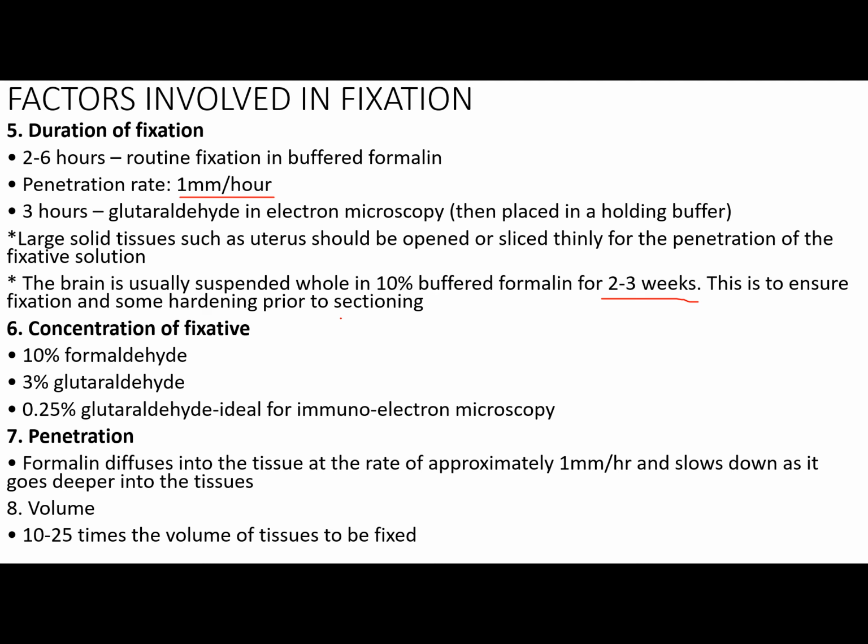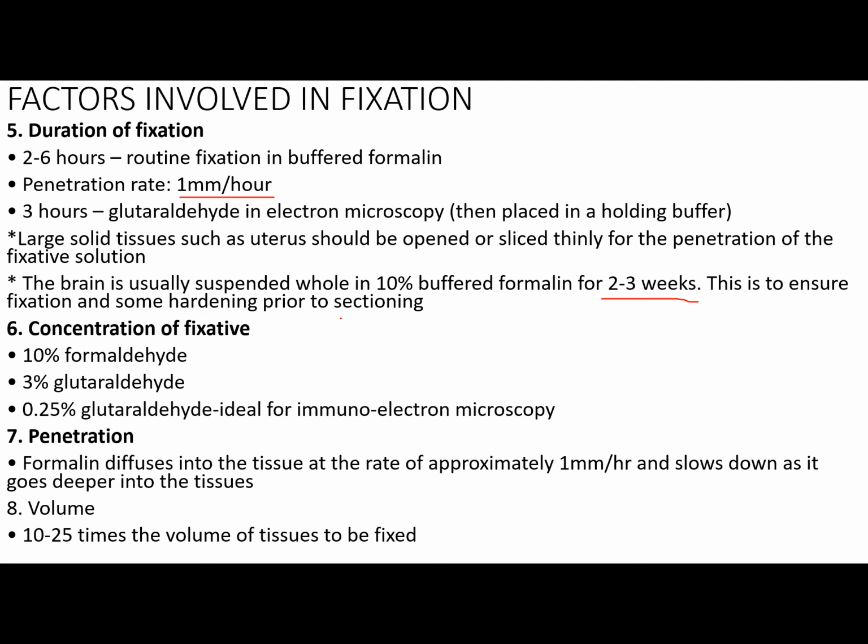Then we also have your concentration of fixative. So you need to consider also the concentration. For formalin or formaldehyde, the ideal concentration, class, is always 10% formalin. If it's glutaraldehyde, it should have a concentration of 3%.